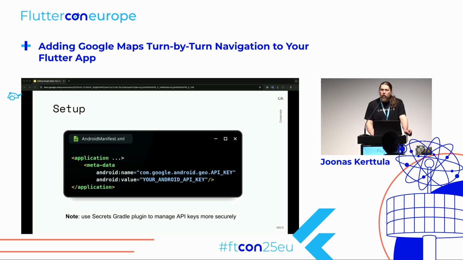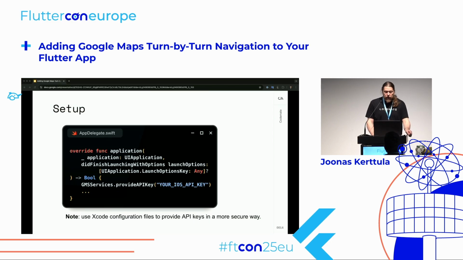Instead, for Android, Google has the Secrets Gradle plugin, which can be used to manage security keys. And in the CI, you just update the key on the build phase to the local settings of the build file for Android.